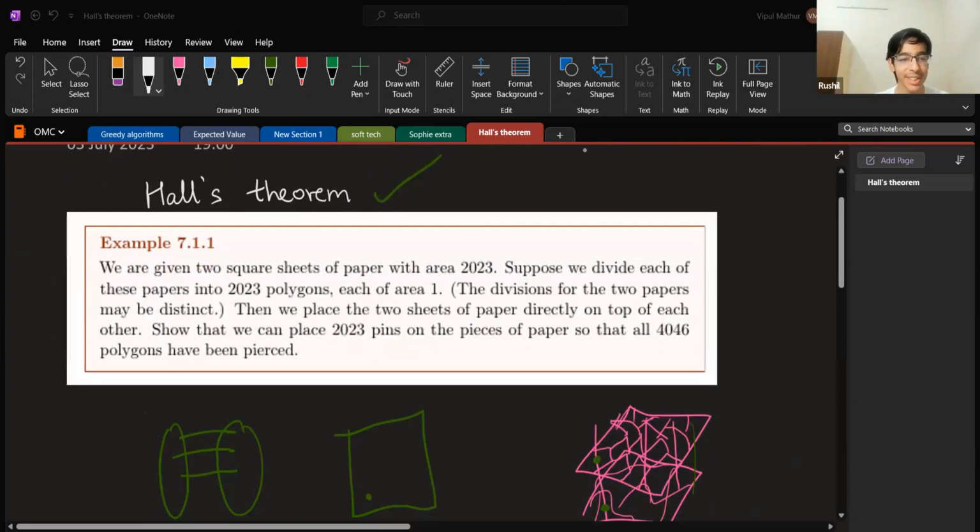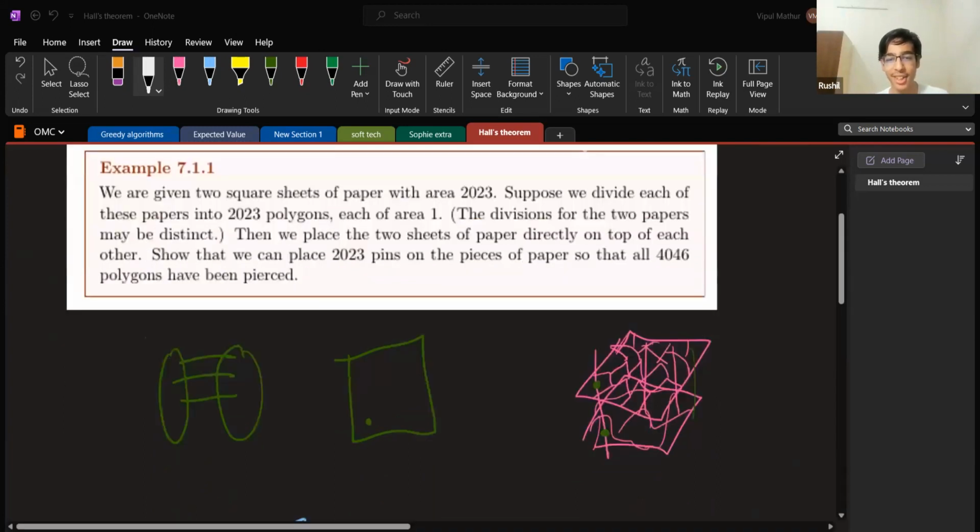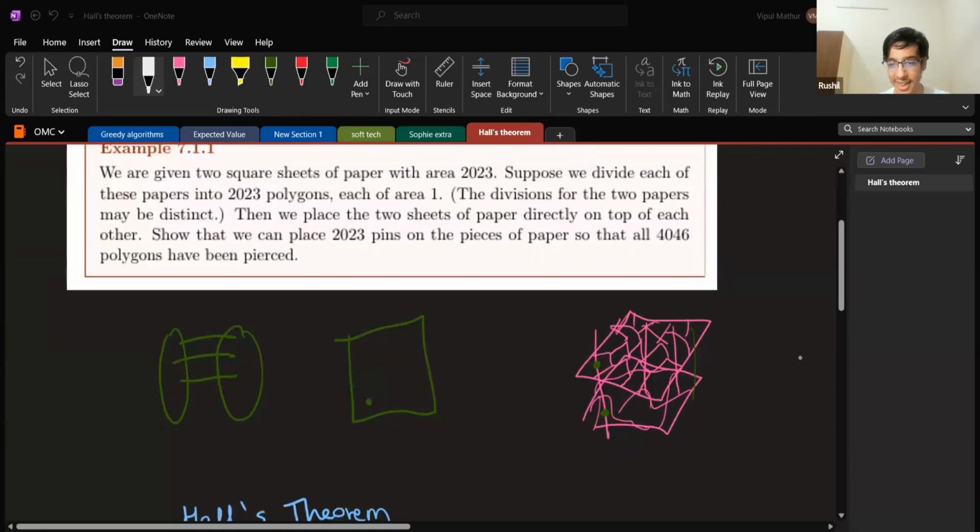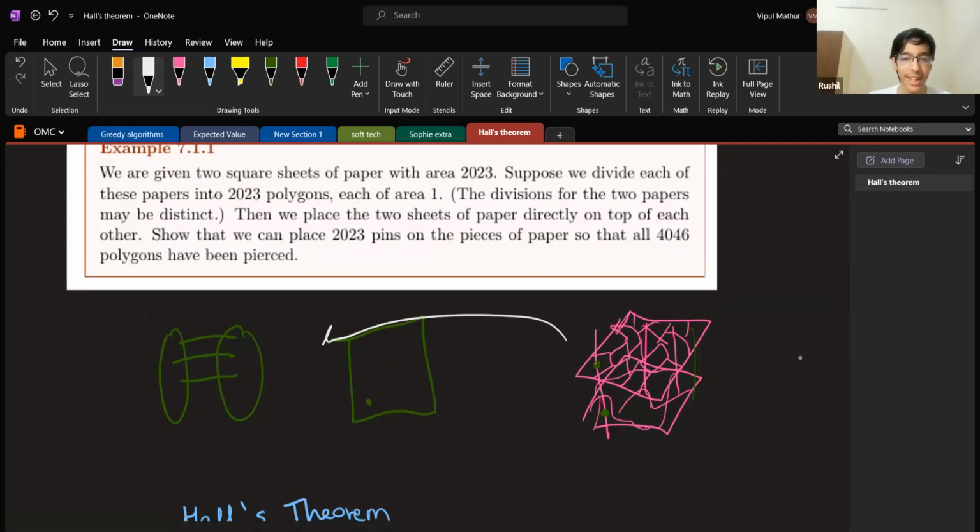So I started by showing this sort of example, which dealt with these square sheets with lots of polygons on them, and you have these pins, and you want to make sure that each of the pins passes through different polygons. The magical thing is that this is somehow equivalent to solving a problem where you want to find an injective function, or pair up edges in some disjoint manner.